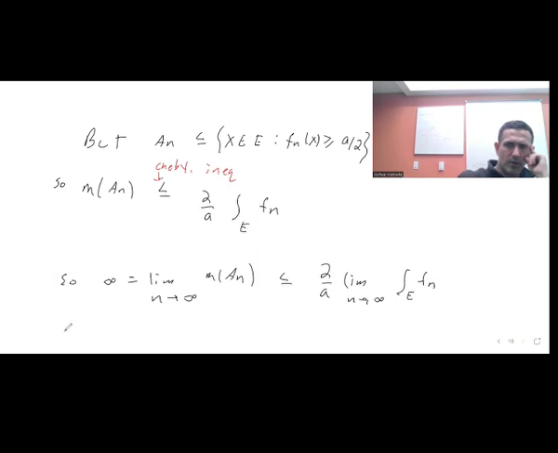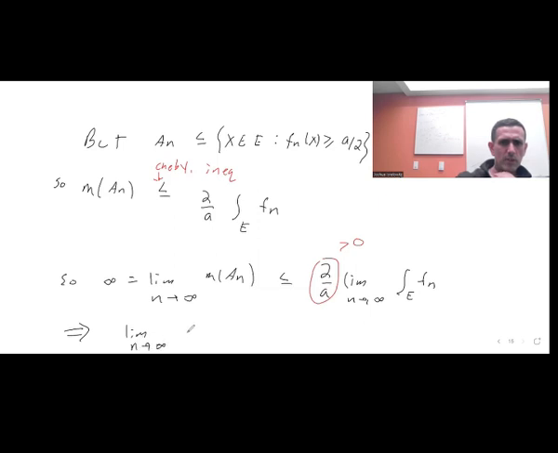So the conclusion is, well, this is positive. Multiply by a over 2 on both sides, and we get exactly what we want.